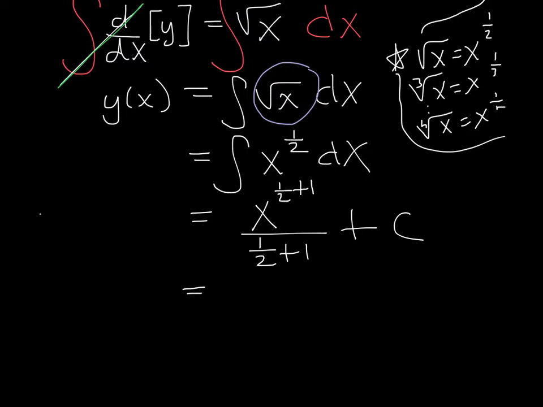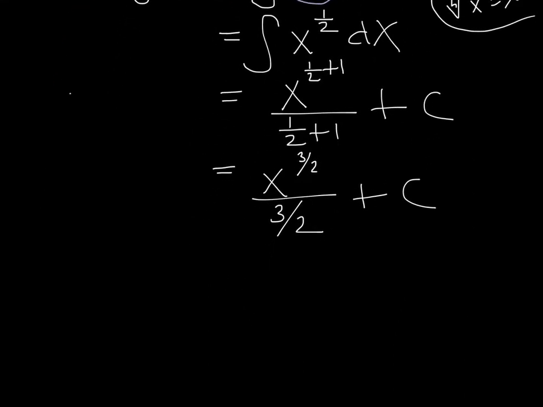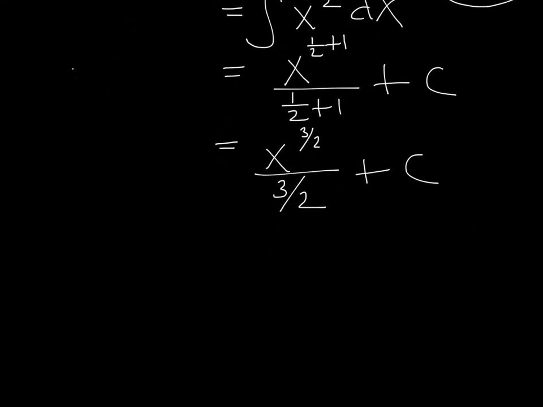And 1 plus 1/2 is 1.5, or another way of writing it, 3/2. And this is fine, although the book would like you to write this as 2/3 x to the 3/2 plus c, because anytime you divide by a fraction, you're really multiplying by the reciprocal.